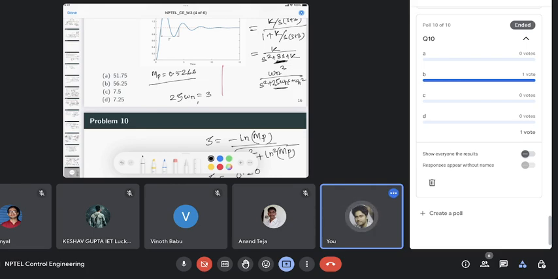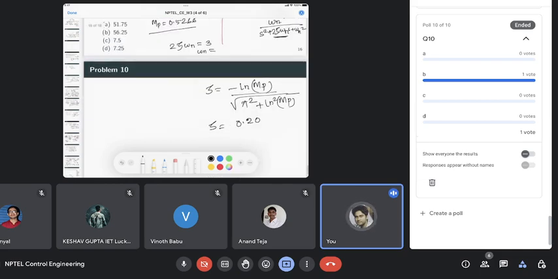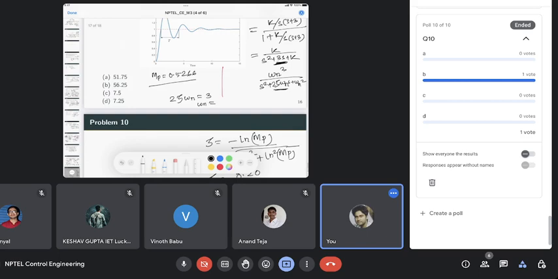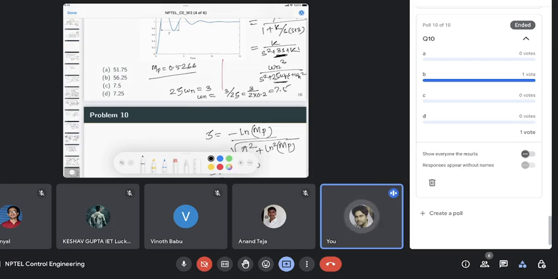So I can find omega n to be 3 divided by 2 times the zeta, which I found to be 0.2, so omega n equals 3 by 2 into 0.2, which is 7.5. Once we have omega n, then you know the value of k, right. K will be equal to omega n square, so it is 7.5 square, so you have 56.25.